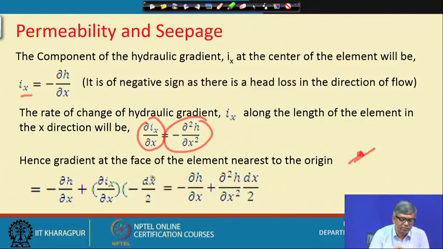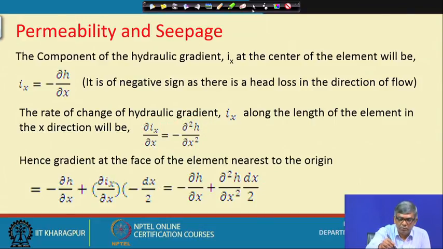Hence the gradient at the face of the element nearest to the origin, that is before the midpoint, is the original value plus the change, del i_x by del x into minus dx by 2, because over that much distance in the negative direction. Ultimately, if I simplify, you will get this.